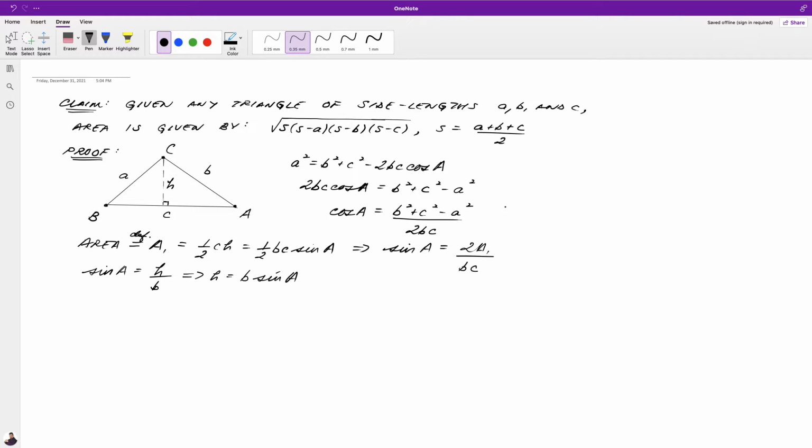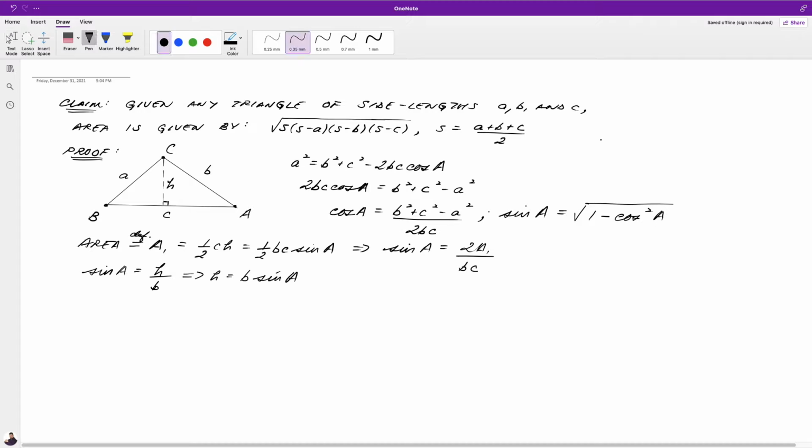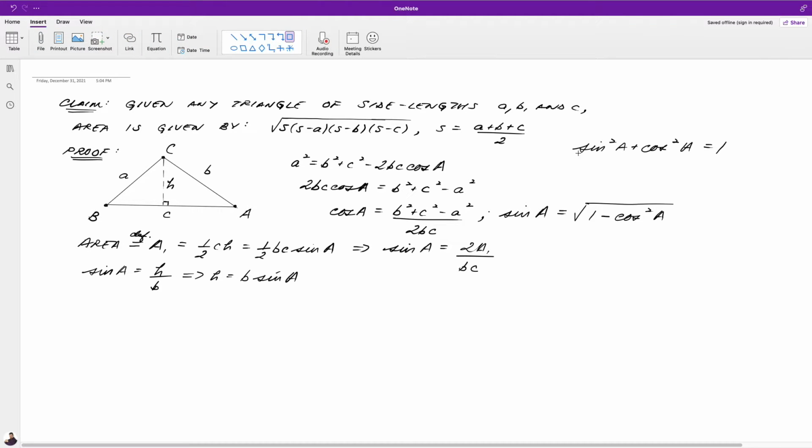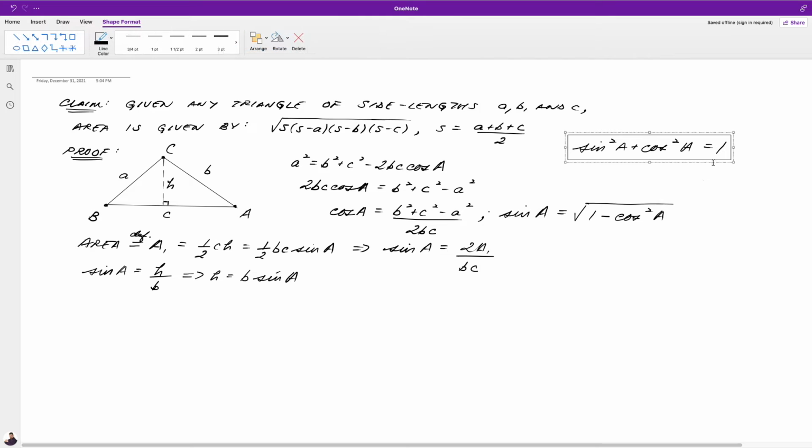Okay, so we can say here the sine of big A is equal to the square root of 1 minus cosine squared of big A. And we know that's true because sine squared of A plus cosine squared of A equals 1. I'm going to put a box around that. That's a very important, the most important, I would say, Pythagorean identity.